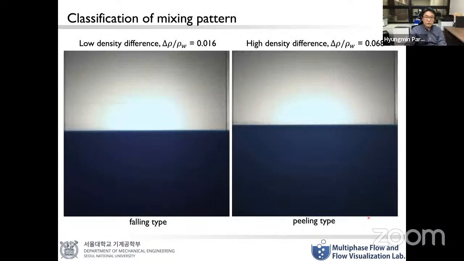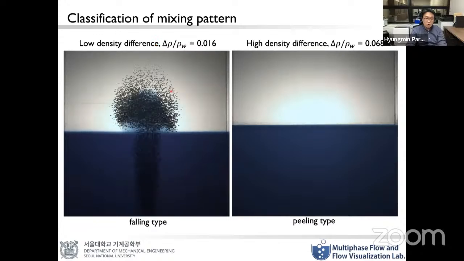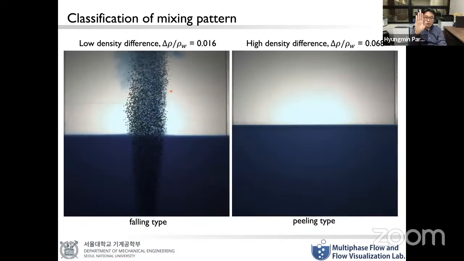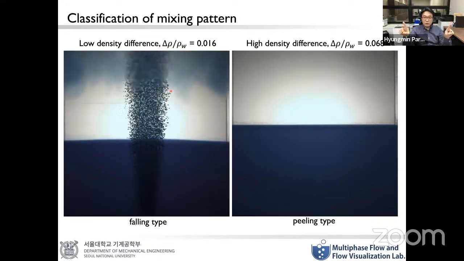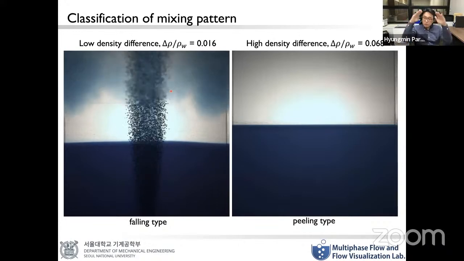Okay, first, we found that depending on the density difference between the upper and lower liquid, there are two different types of mixing pattern. When the density difference is relatively small, this movie shows that the lower liquid dragged by the bubble plume tends to circulate and fall down through the sidewall.